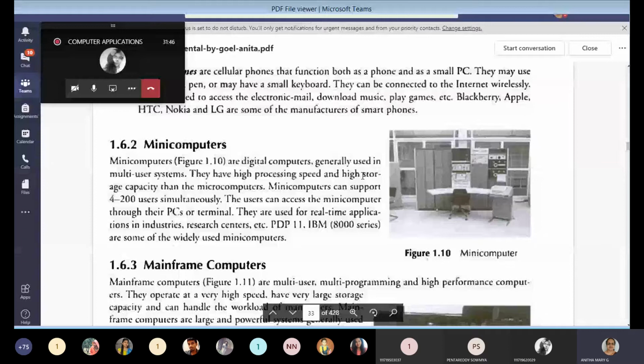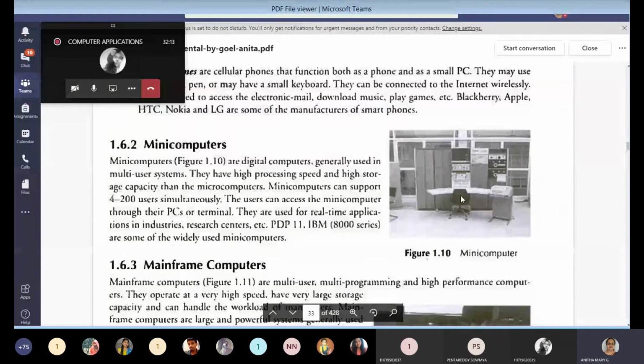They also support a number of users. Micro supports one or two, but here it can be more, from 4 to 200. They can be grouped in order to achieve some task. All these things come under mini computers, and this is a setup of the mini computer.